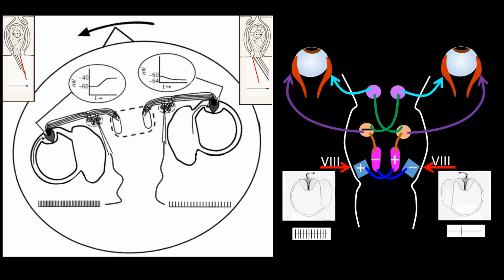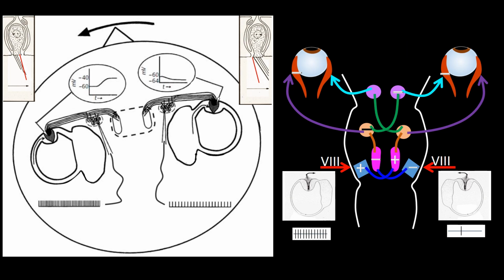Consequently, the left lateral rectus muscle is inhibited, the right medial rectus subnucleus is inhibited, and so is the right medial rectus.